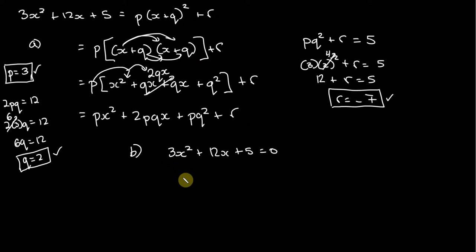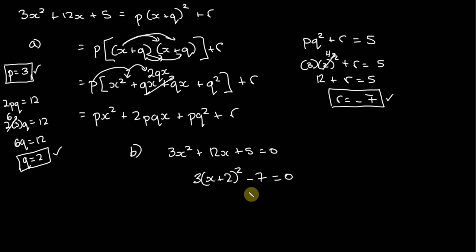So we can just insert our values and rewrite this as 3 times (x plus 2) squared, and then r we know is minus 7, and all that set to equal 0.